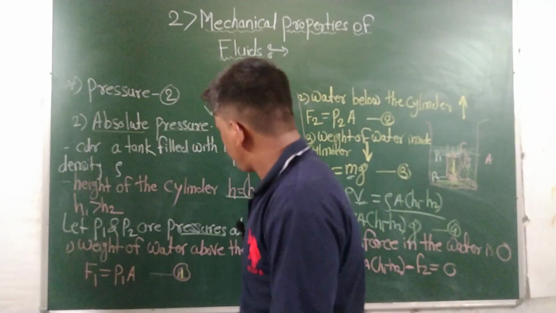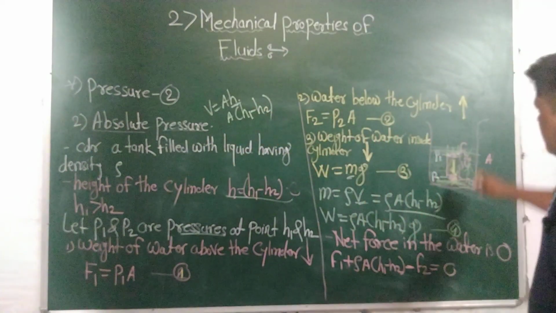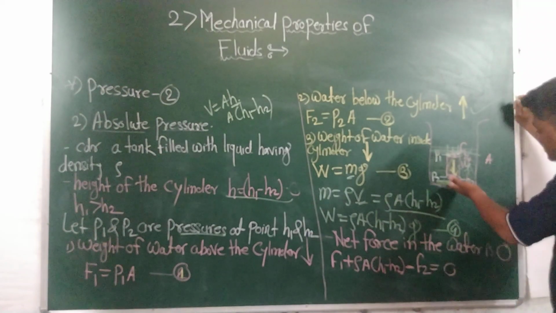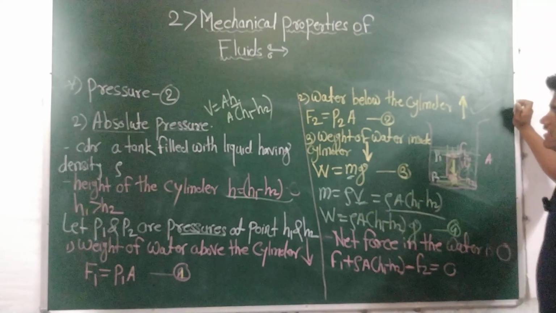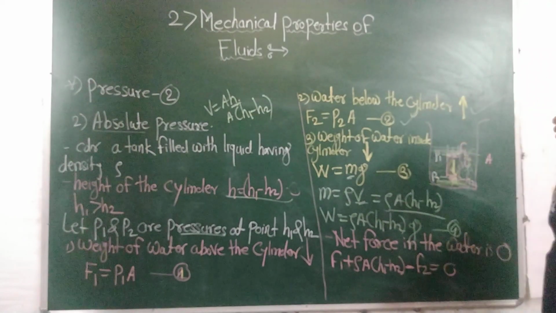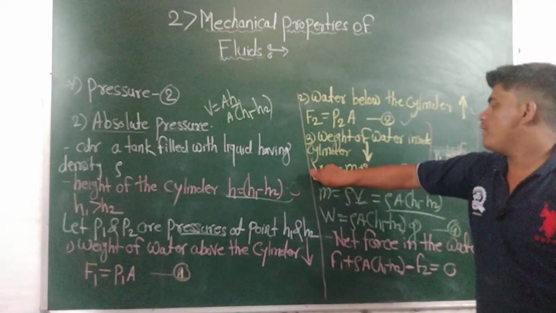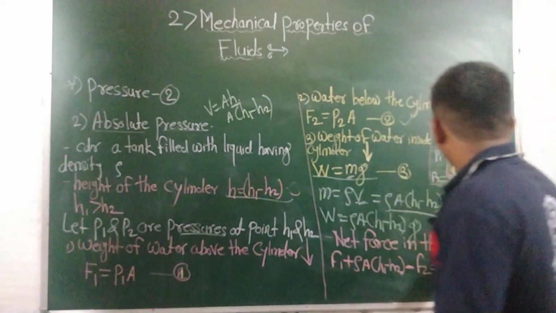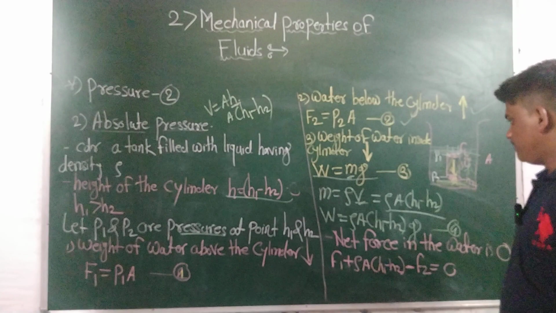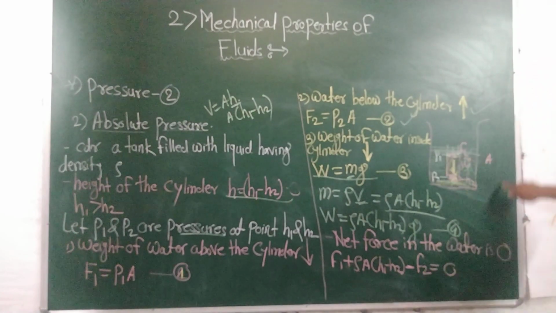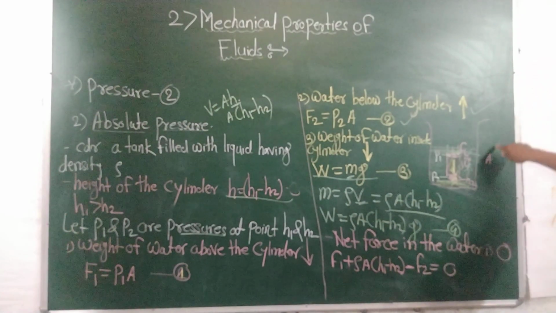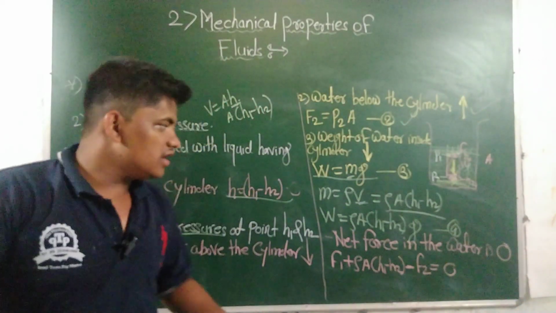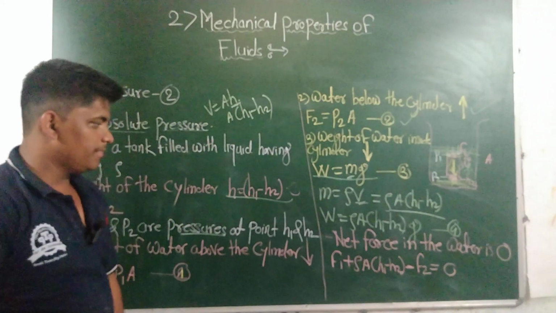Then F1 is equal to P1 into A. Another force acts from the water below the cylinder, exerted on the cylinder in the upward direction, that is equation number 2. And one is the weight of the water inside that cylinder, also downward. The liquid is in equilibrium, so the net force cancels out and is 0.